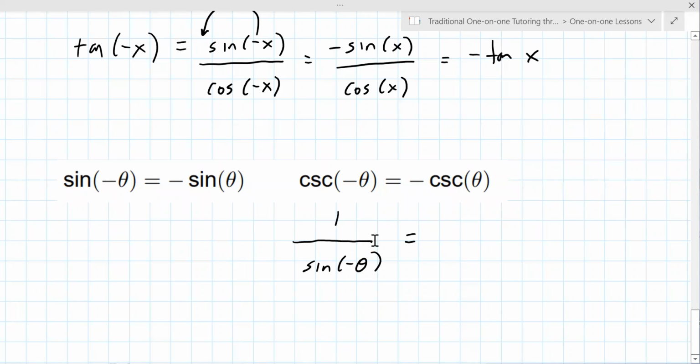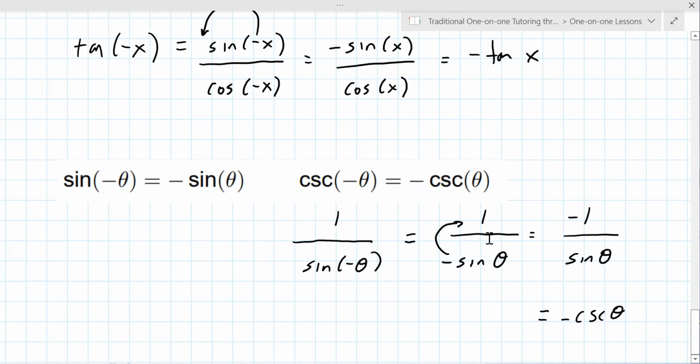That's a reciprocal property. And so this becomes 1 over, well, sine of minus theta given here becomes minus sine of theta. That negative goes to the numerator, so this becomes -1 over sine theta. And just going backwards, 1 over sine theta is cosecant theta. So that's why it works out that way, where sine and cosecant are the same, because cosecant is really a sine in disguise.